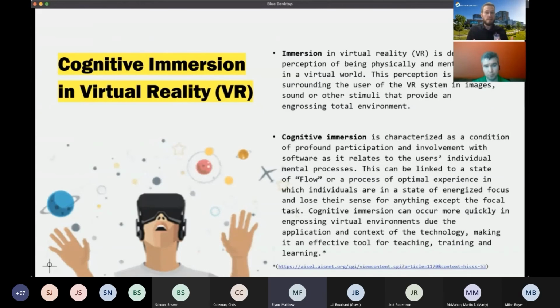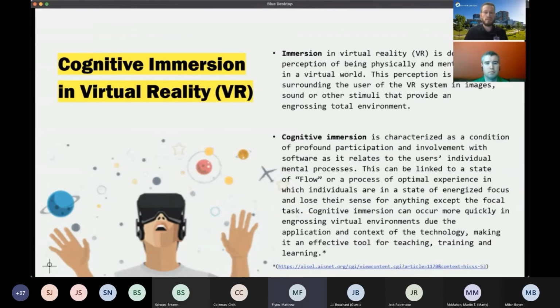Again, immersion is the key to making VR effective for these interventions and procedure supports. Without being immersed in the world, it's not going to have the same effect. There are different kinds of immersion that happen in VR. And the first one that tends to happen is this sense of cognitive immersion.